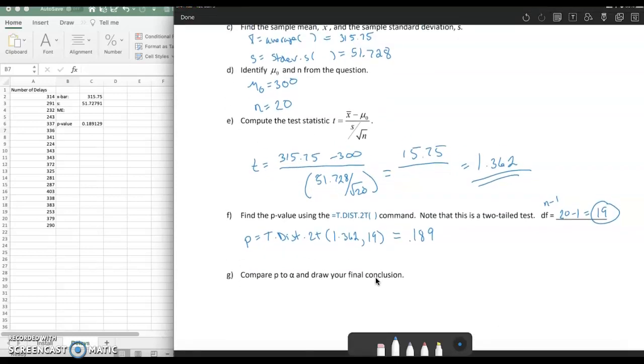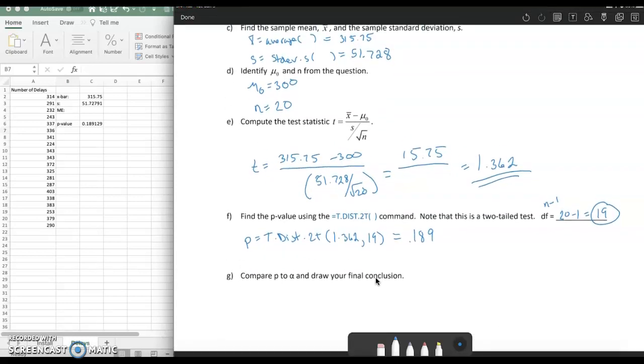Now the rest of this we can do on our own. So we compare p to alpha and draw the conclusion. So our p-value was 0.189, and how does that compare to the alpha value of 0.01? It's much larger. It's greater than in this case.